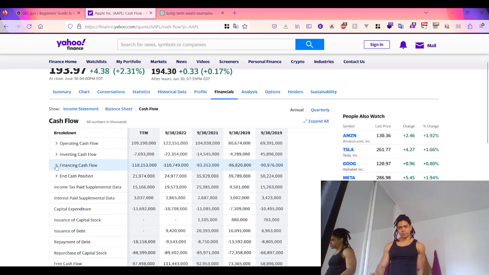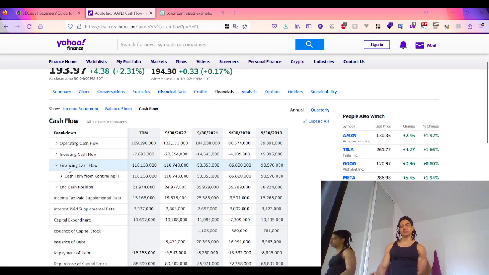So the third part of the cash flow statement, which is the financing cash flow, involves the company's long-term liabilities and equity ownership. According to Investopedia, this section focuses on how a company raises funds and pays back creditors or investors through capital markets.